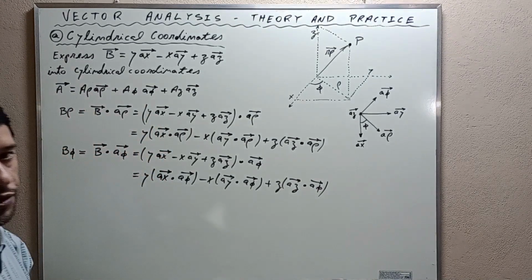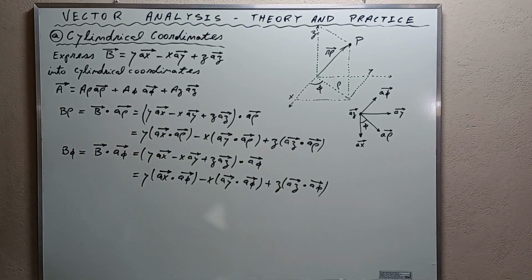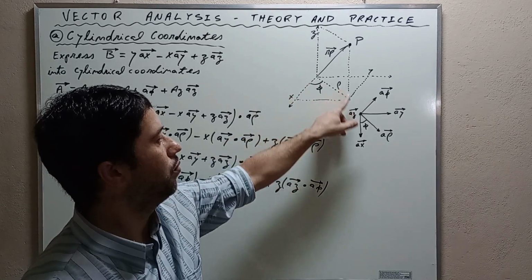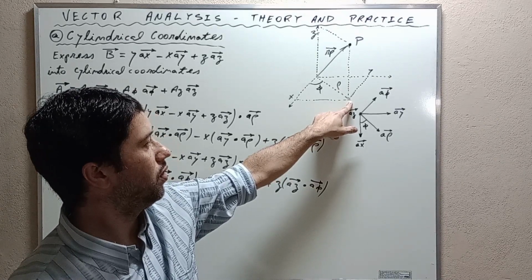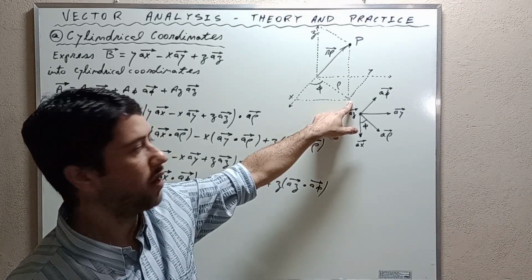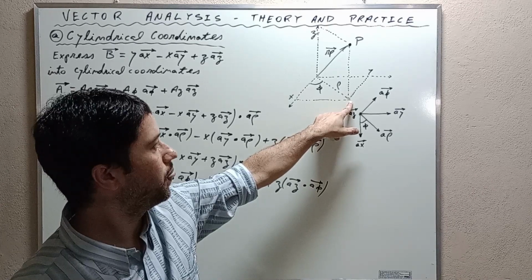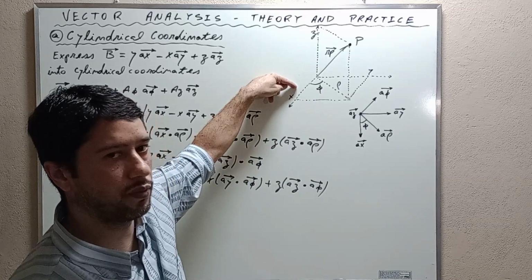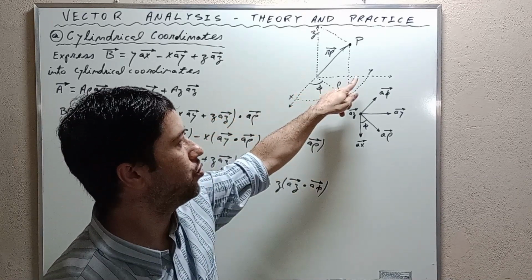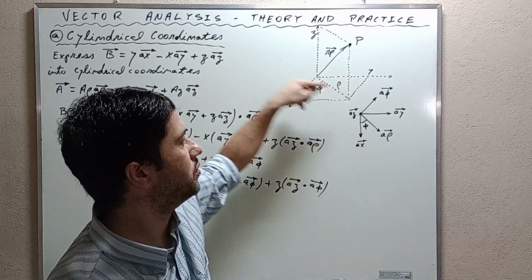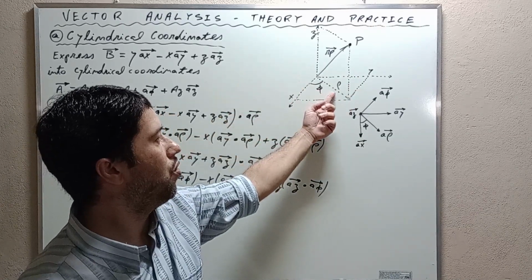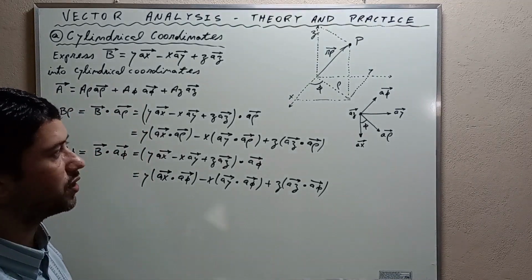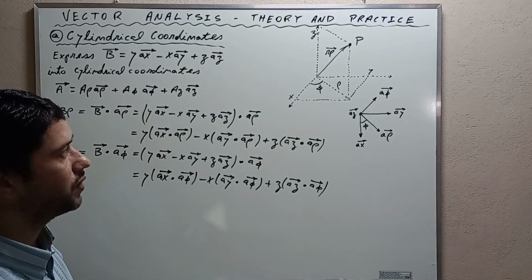And expressing the very vector in cylindrical coordinates, we need rho. This rho provides the magnitude of the vector in the xy plane. And phi is this angle here from the x-axis going towards the y-axis. Okay, rho and phi exist together, they don't exist alone.